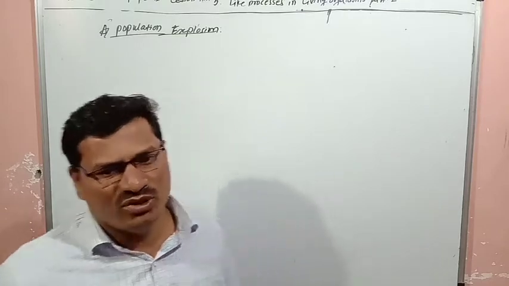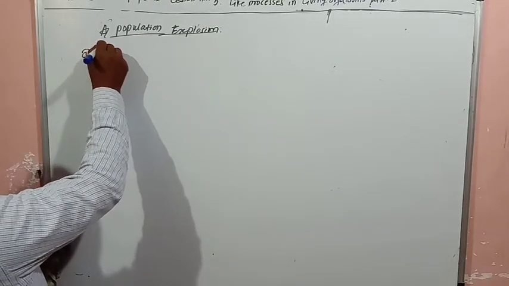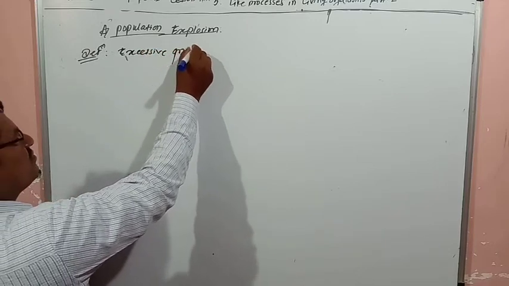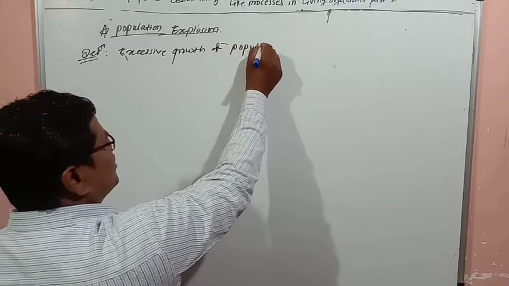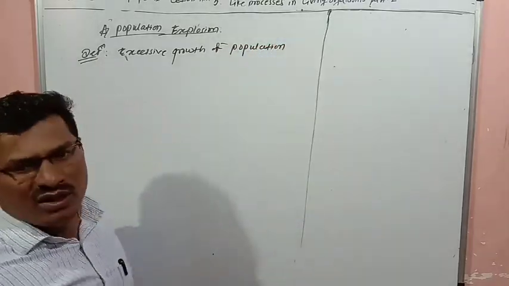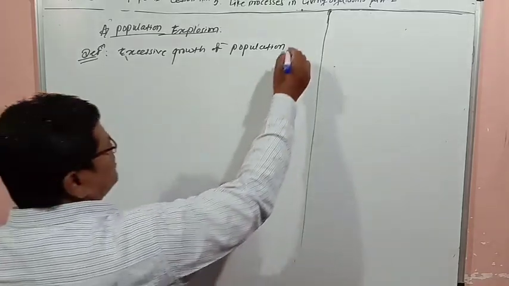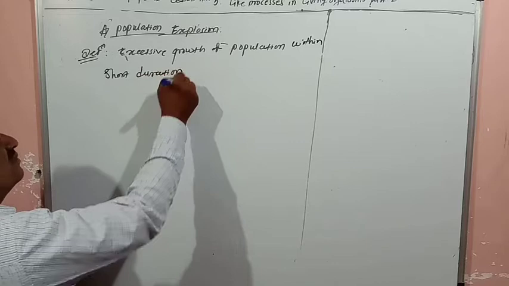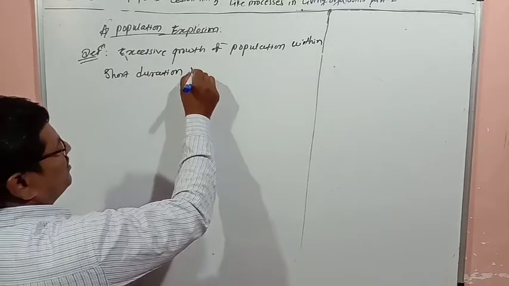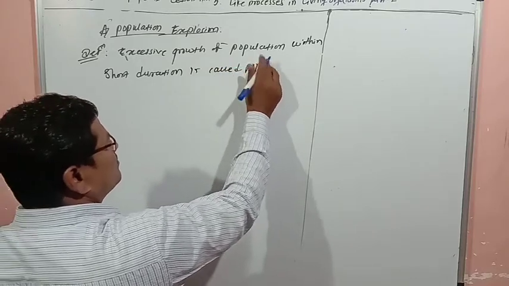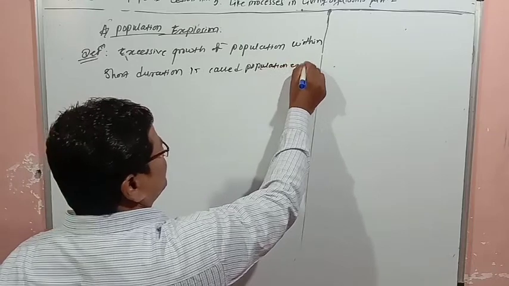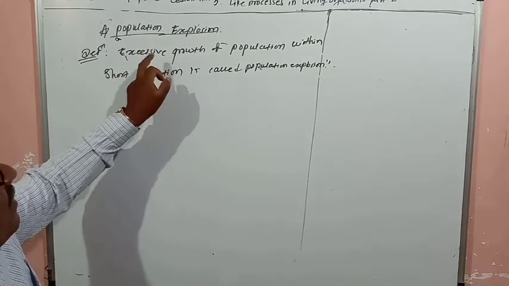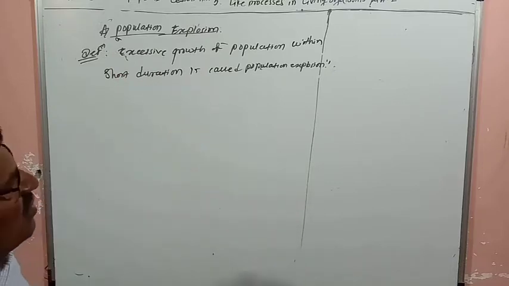The definition: excessive growth of population within a short duration is called population explosion.